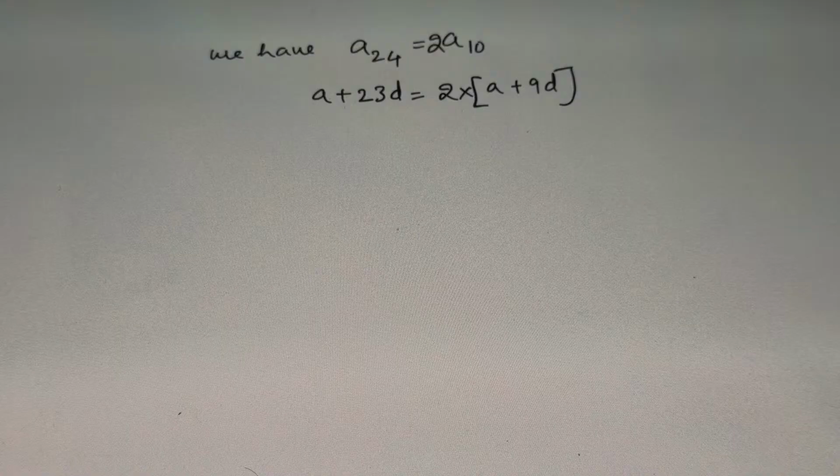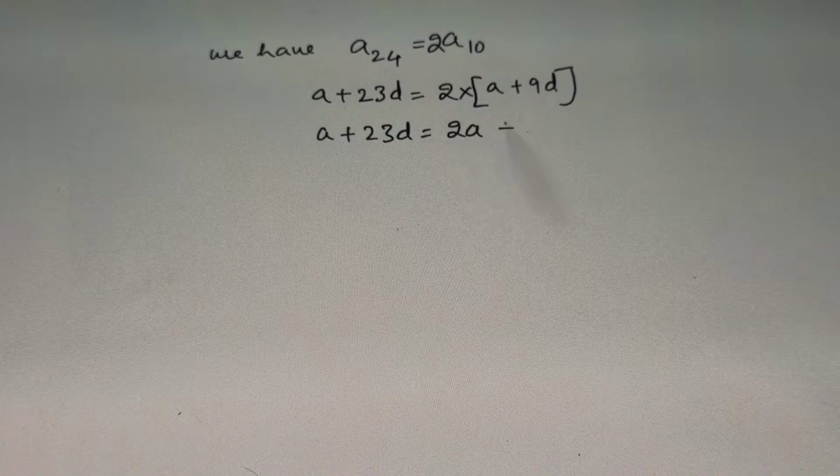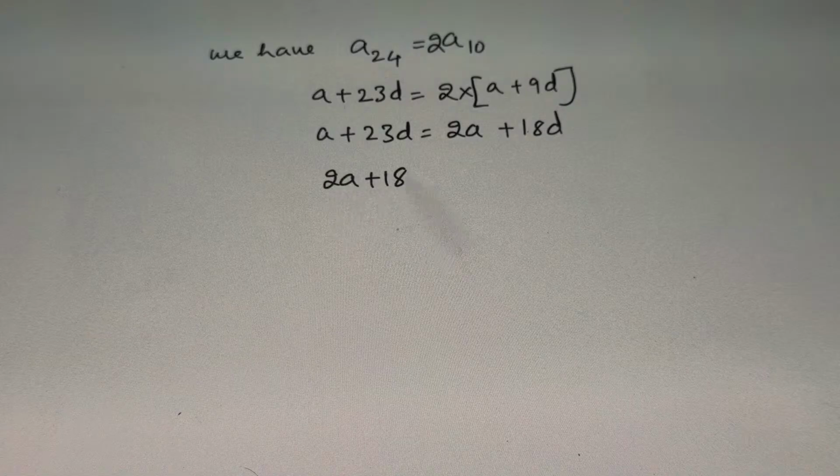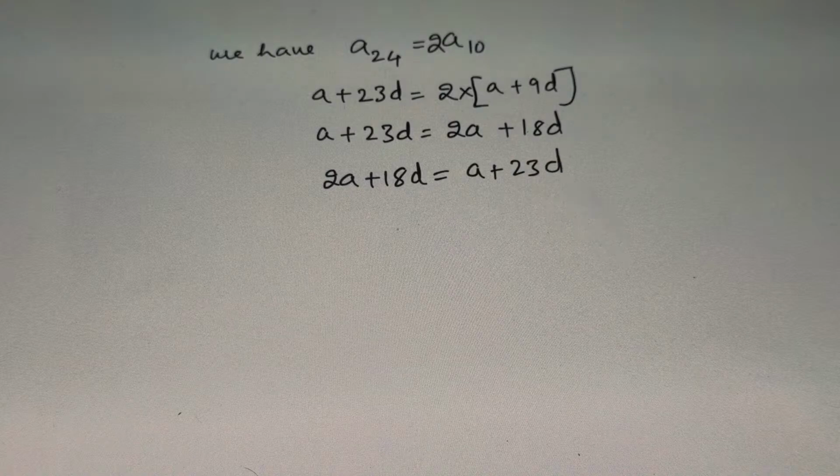A plus 23D is equal to 2 into A is 2A plus 9 2s are 18D. So 2A plus 18D is equal to A plus 23D.